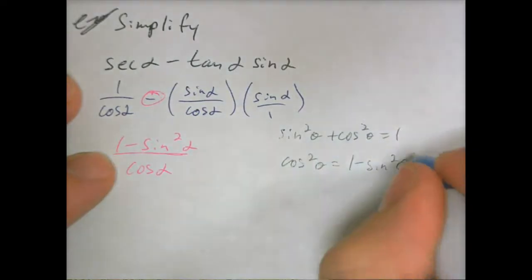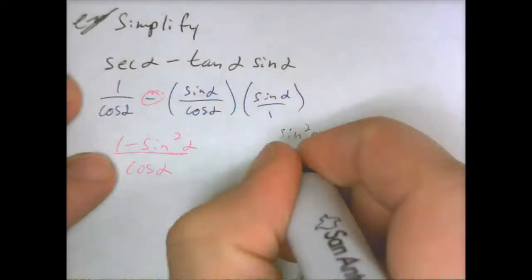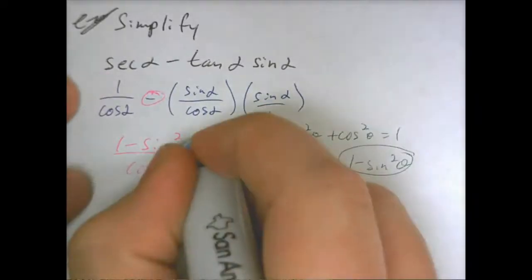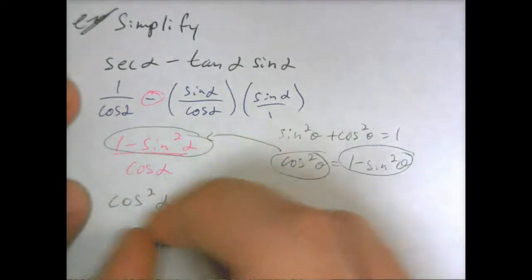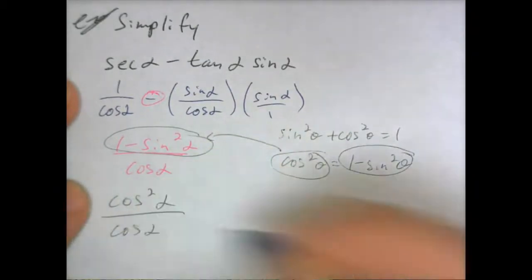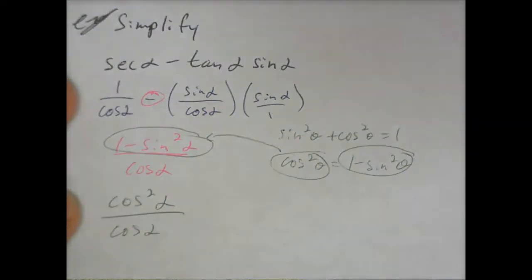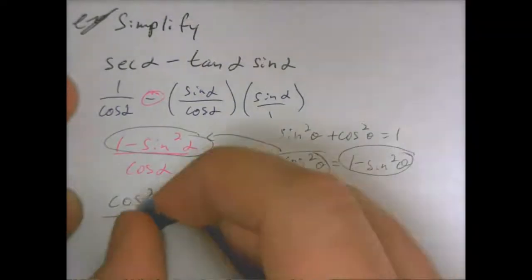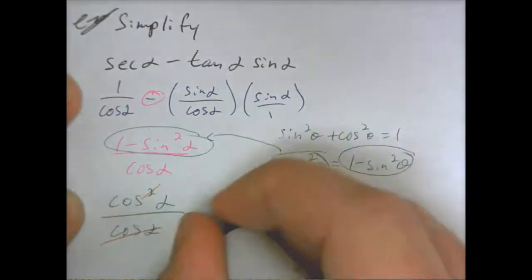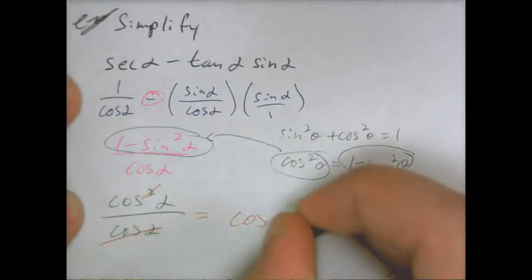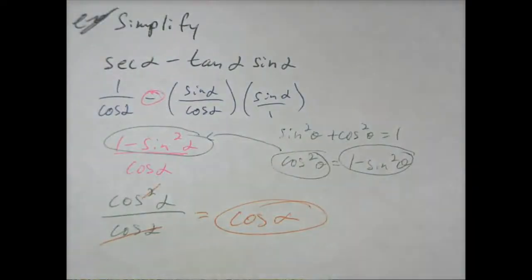So if I know that 1 minus sine squared is equal to cosine squared, then I can substitute in cosine squared for where I see 1 minus sine squared and say this is equal to cosine squared over cosine. Cosine divided by cosine makes 1. So I am just left with cosine of the angle. Happy day. Make sure you guys rewatch these.